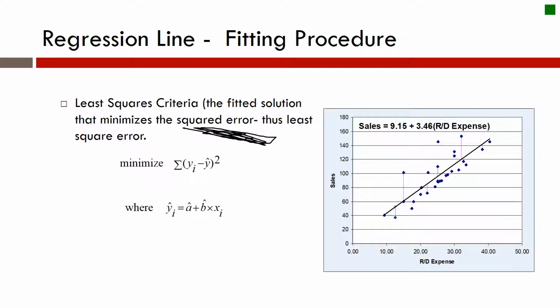So if we look at the actual value minus the fitted value, sum these up, and square them, that's what will be minimized in this process of running the regression.